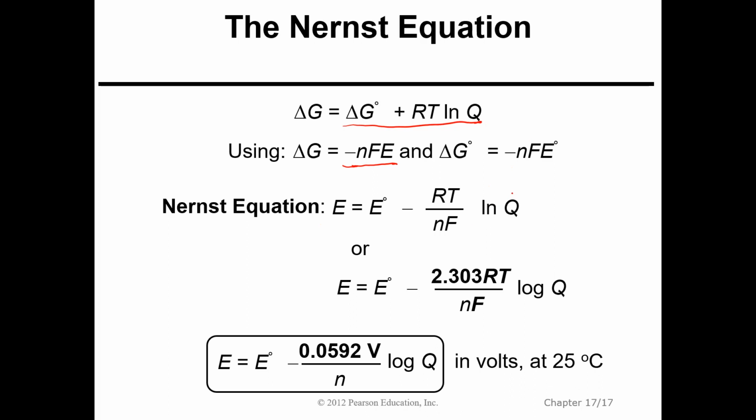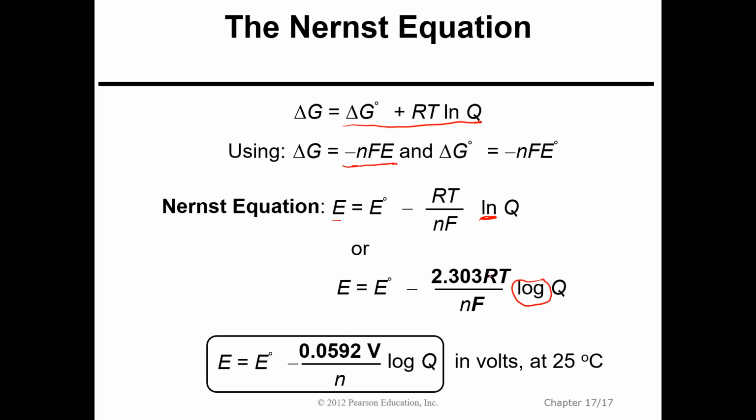But if you put these two together and do some mathematical rearrangement, we come up with the fact that the cell potential is equal to the cell potential under standard conditions minus RT over NF times the natural log of Q. Or we can rearrange this to have log base 10 rather than the natural log. In order to do that, we can multiply RT times a factor of 2.303.